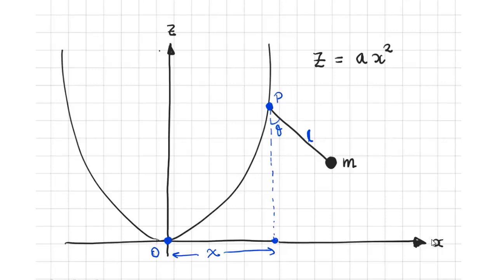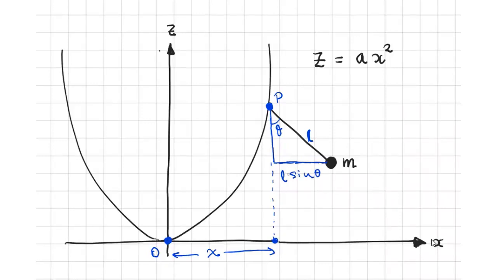Okay, now because of the geometry of the problem, we can see that this triangle has this side and this projection. You know that this is L cosine of theta, and this side is L sine of theta.